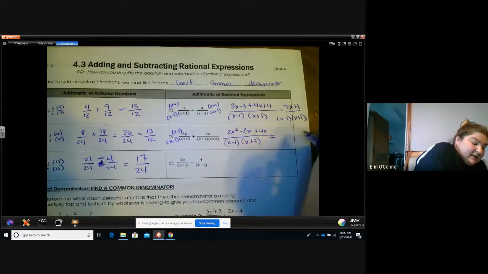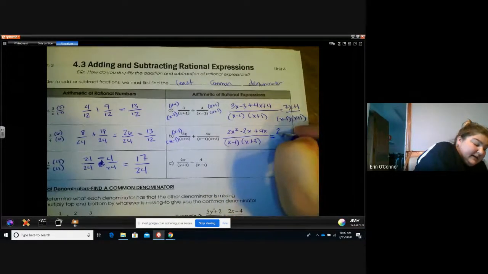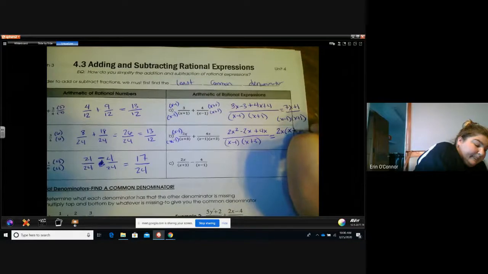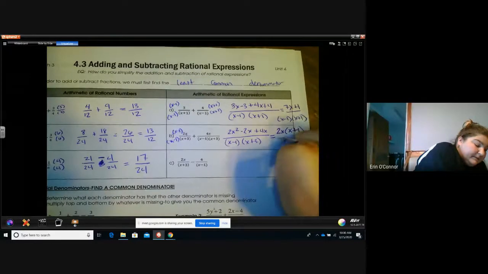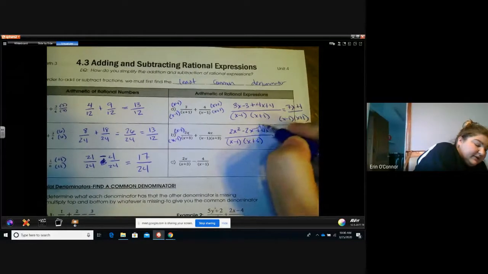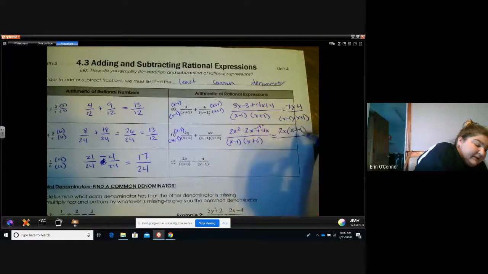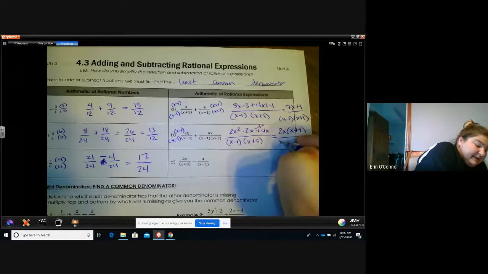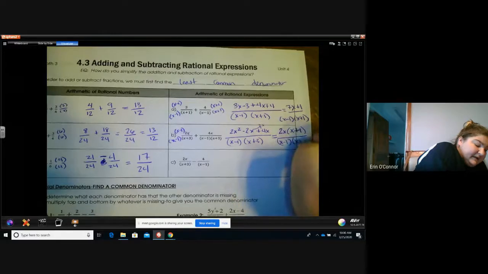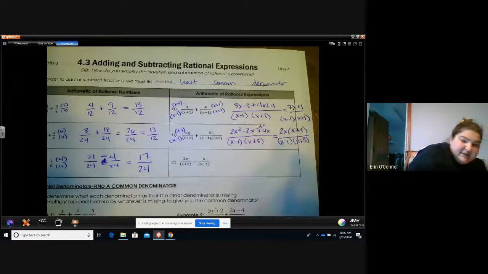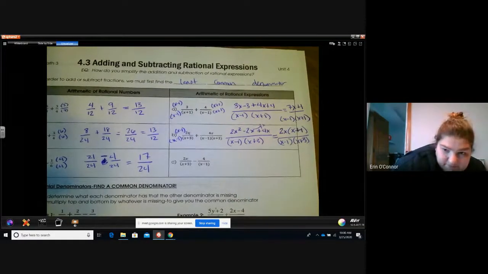Negative 2x plus 4x is 2x. I'm going to take out the GCF of 2x and get 2x times x plus 1, because this gave me 2x squared plus 2x, and then I get x minus 1, x plus 3. We still have to make sure to factor because we might be able to simplify.